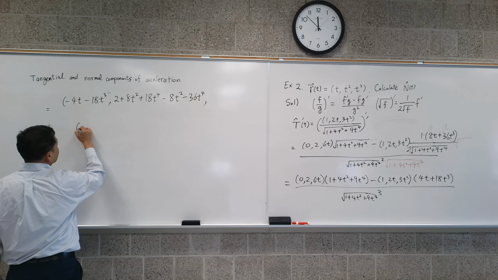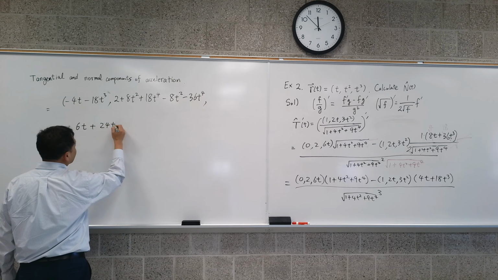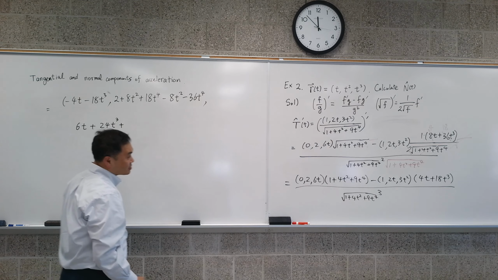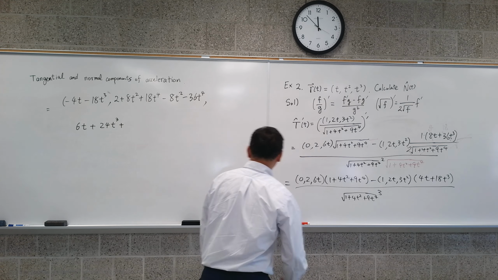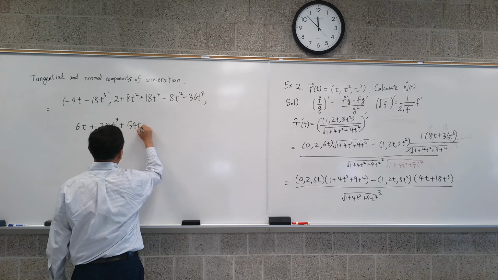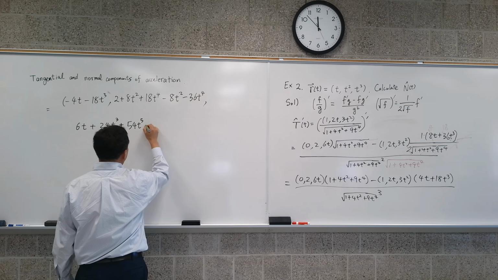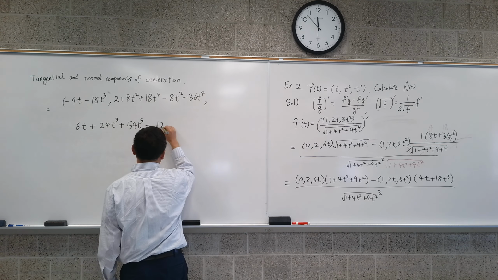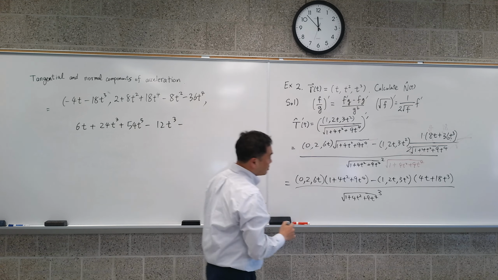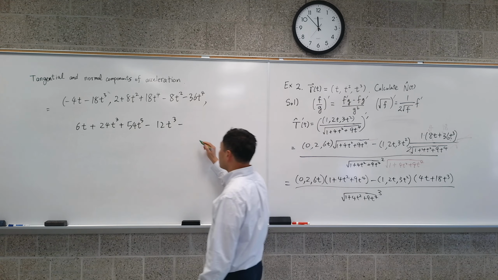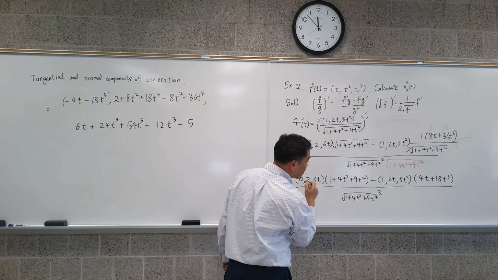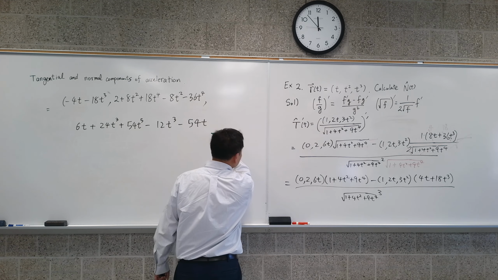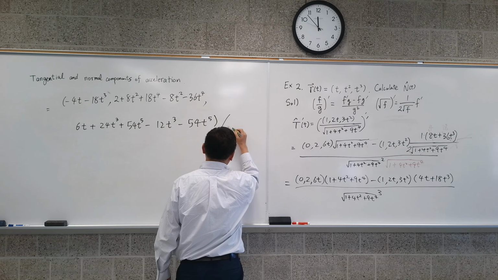It'll be 6t plus 24t cubed plus 54t to the fifth minus, and then 3t squared must be multiplied here, so it'll be minus 12t cubed minus 3 times 8t will be 56. 3 times 54t to the fifth divided by something.